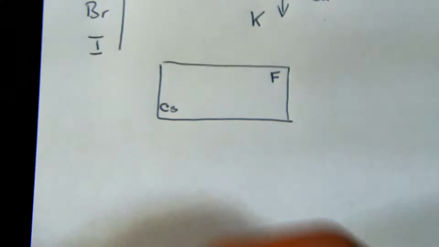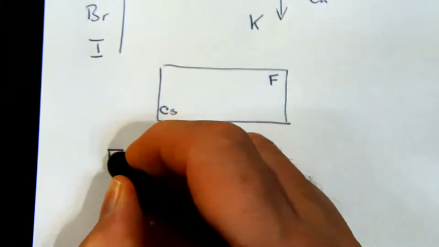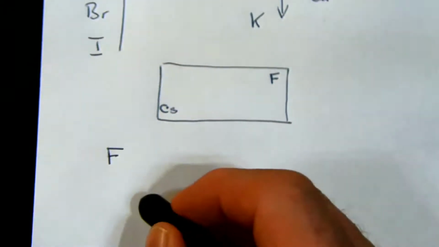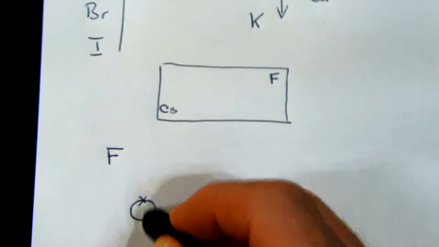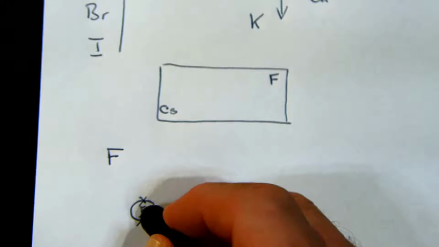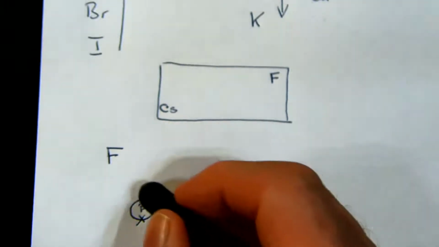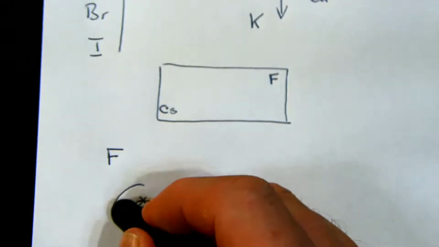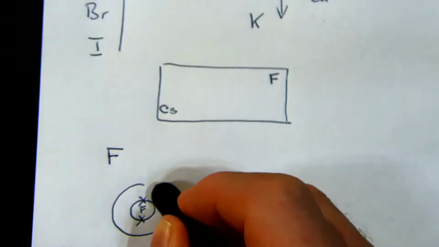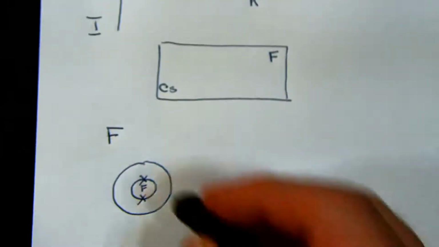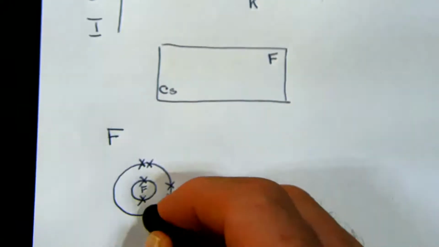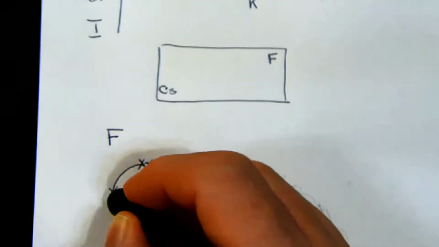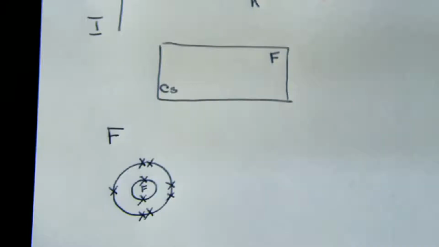We've got fluorine, most reactive. And if I look at this in terms of its shells, it's got 2 electrons in the inside layer, and going around the outside, it's got 1, 2, 3, 4, 5, 6, 7 electrons.